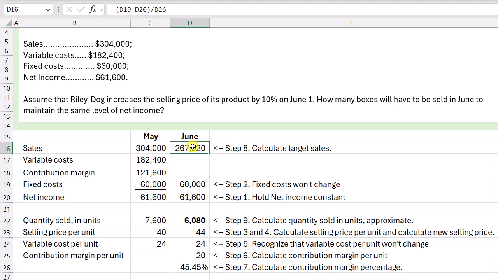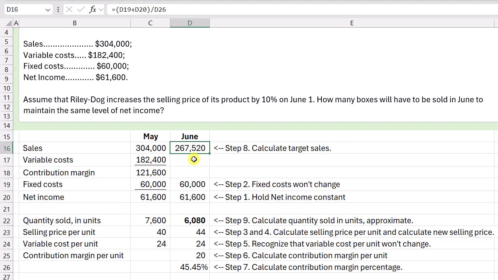That's for break-even. For target sales, you're going to add in the numerator the net income or the target income, target operating income. Add both of these together and divide it by the contribution margin. Once we do that, we now know what the sales are in total dollars.